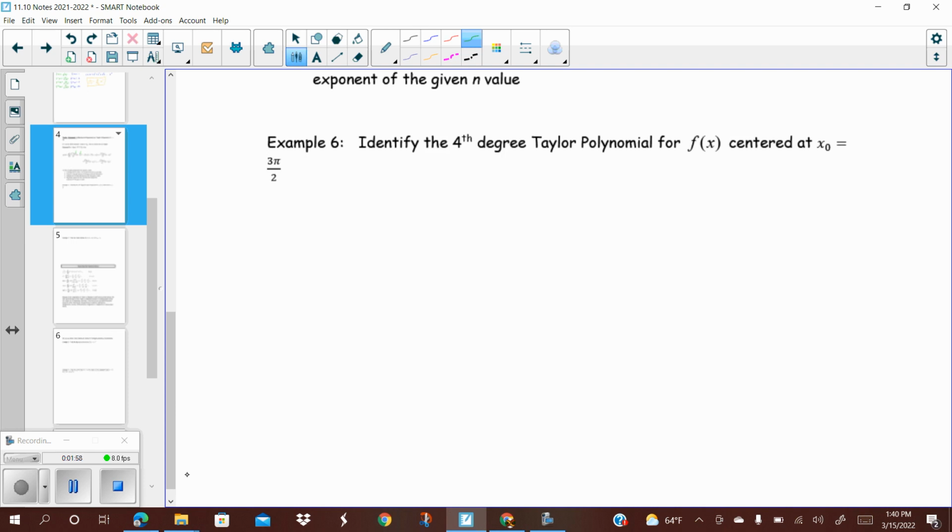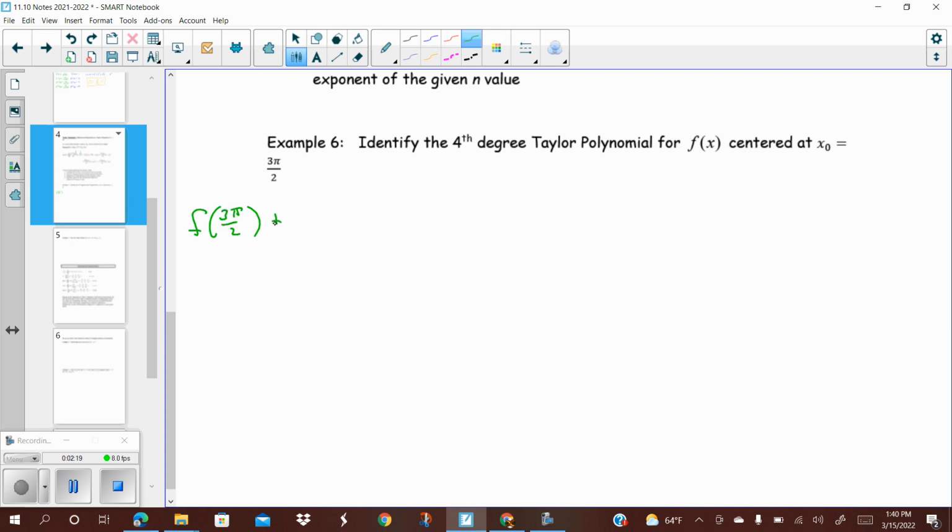So there is no actual function here, so the only thing we can do is actually write this out in general. So the first term is always going to be your function evaluated at the center. So our first term is literally f of 3 pi halves.